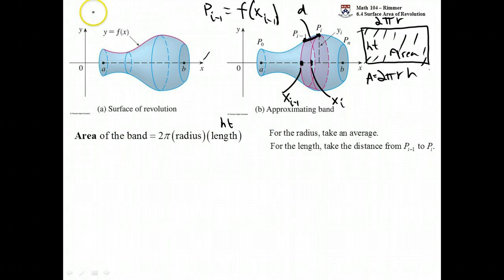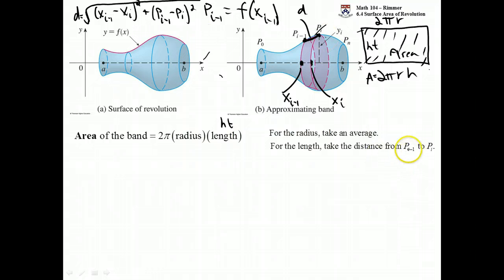We subtract the x's, square, subtract the y's, square, take a square root, and that would be our distance. And so that's what we're going to have for the distance between these 2 points.